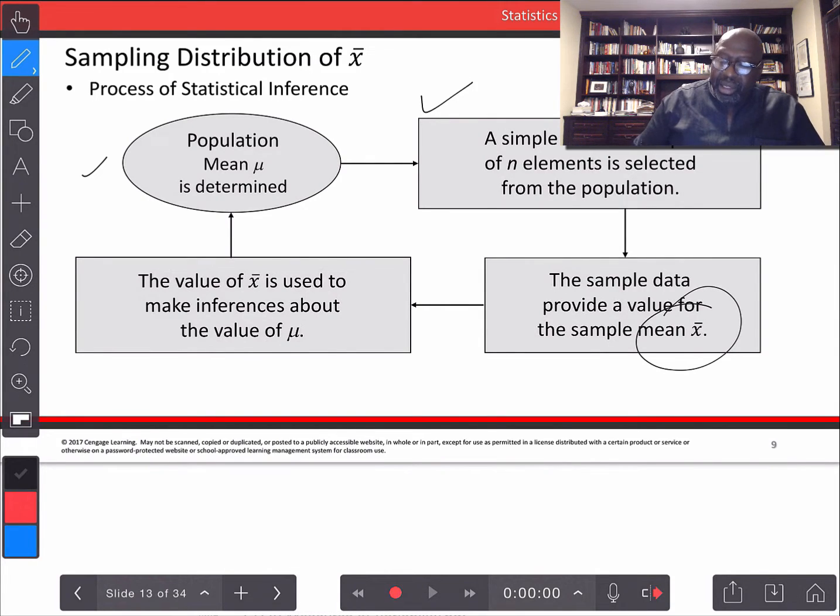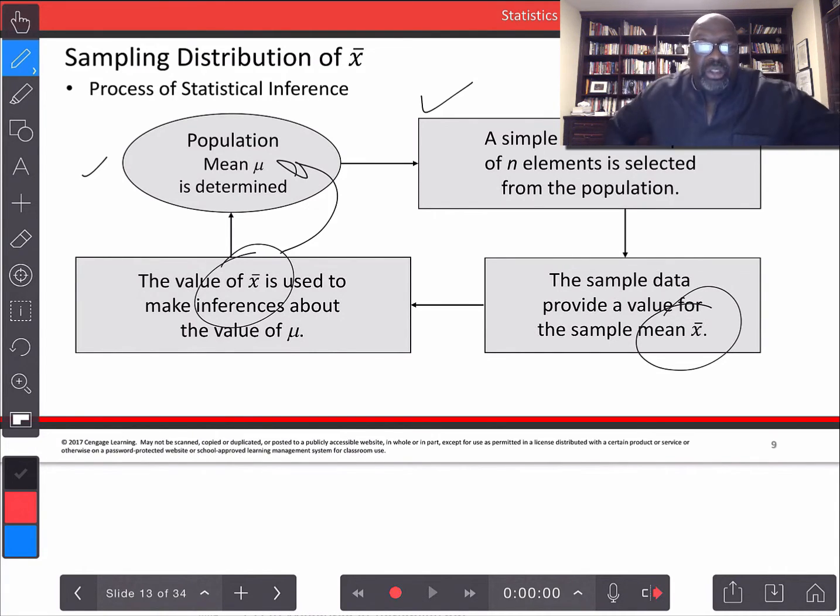And then that mean is used to make an inference about the population mean. So that X bar is supposed to make an inference about mu. So that's the process. I want to understand what is the average amount of money people spend on entertainment. Let me take 100 students and then sample them, find that sample estimate, and then that gives me information about the population. Do they spend a lot of money? Do they spend a little bit? Etc. All right? So that's all good.